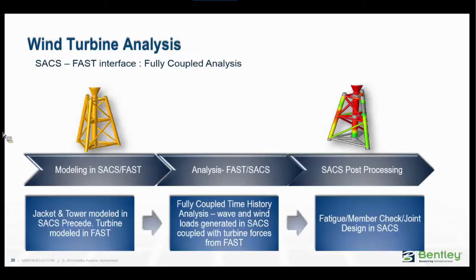The turbine is modeled in FAST, and then we do a fully coupled time history using the wave and wind loads that are generated by SACS, and these are coupled with the turbine forces from FAST. Once you've done this, you can go ahead and do the post-processing in FAST itself.